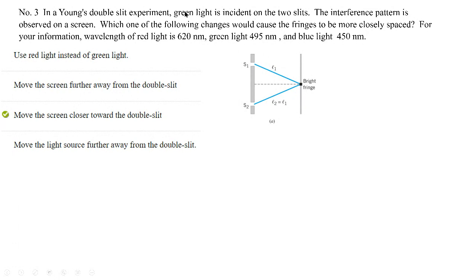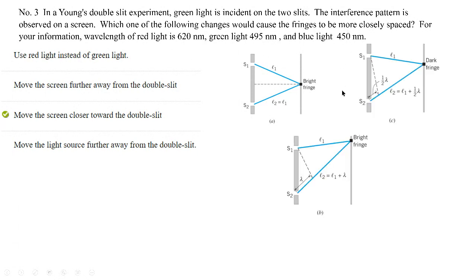And they say green light is incident on the 2 slits. The interference pattern is observed on the screen up there. I only show you this bright one. Which one of the following changes cause the fringes to be more closely spaced?